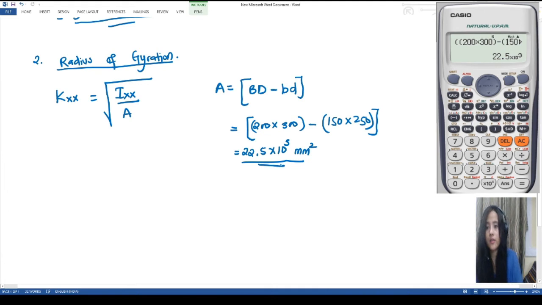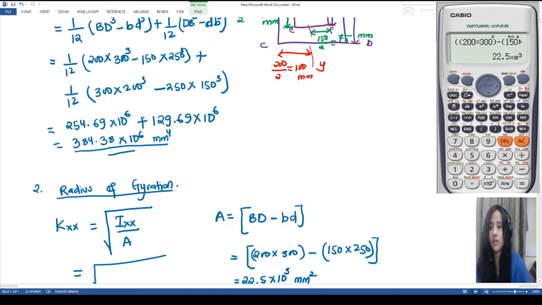So this is my area. Now let us find radius of gyration about the x-axis. It will be equal to root over Ixx divided by area.